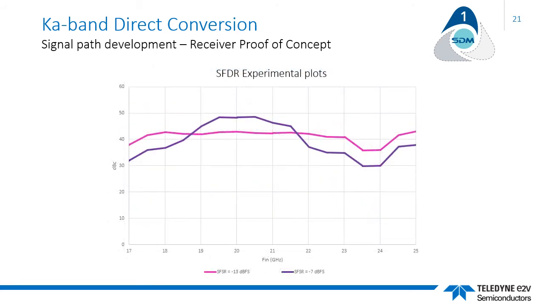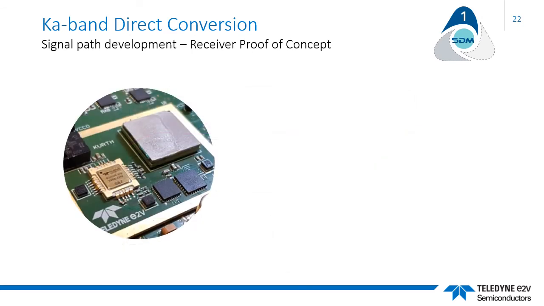This is a plot of the first spurious-free dynamic range tests that were carried out with the experimental board, and they look fairly promising. But one thing stands out, and that is quite a significant variation in performance dependent on the input signal level. And in fact, that characteristic was a great signal of some steps to take to improve the overall performance of this experiment. 3 major findings resulted from the original experiment as follows.